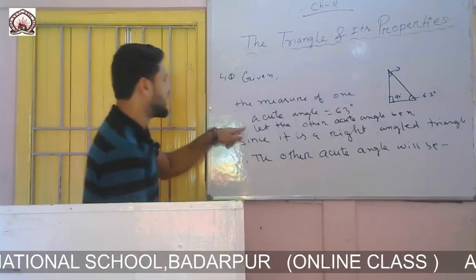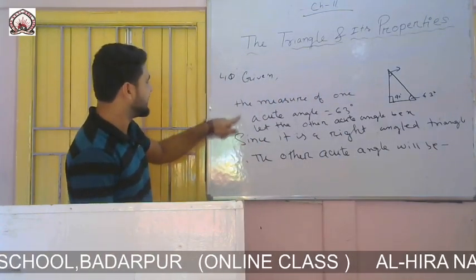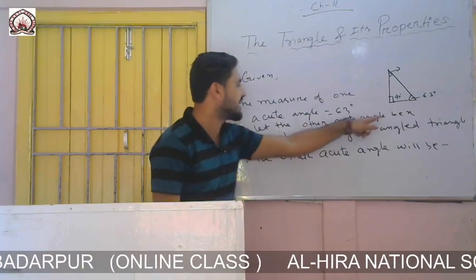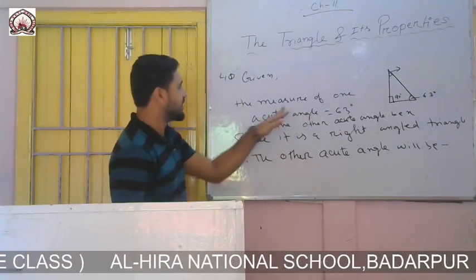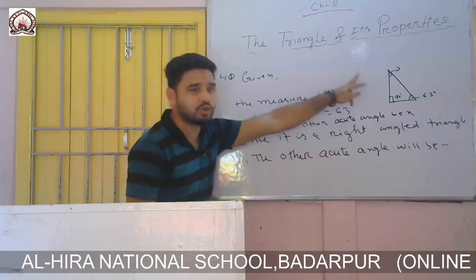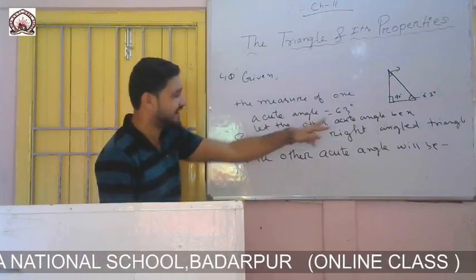You just make a correction. After this line you write, let the other acute angle be x. You see, the measure of one acute angle is given as 63 degree, and we don't know the other angle, so for that reason we have let it be x.